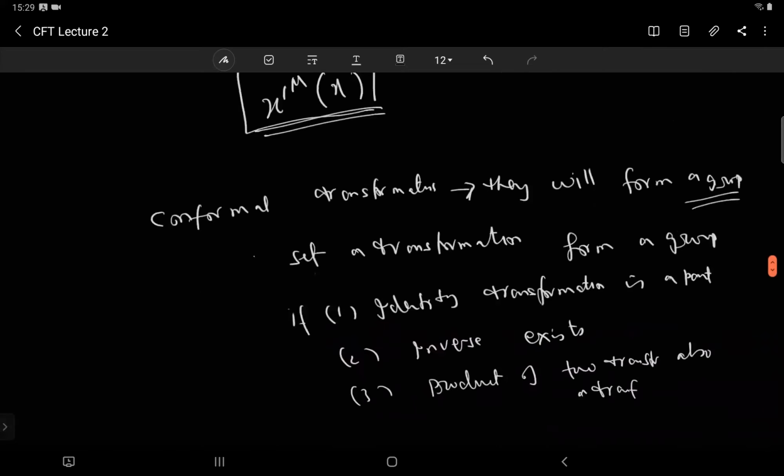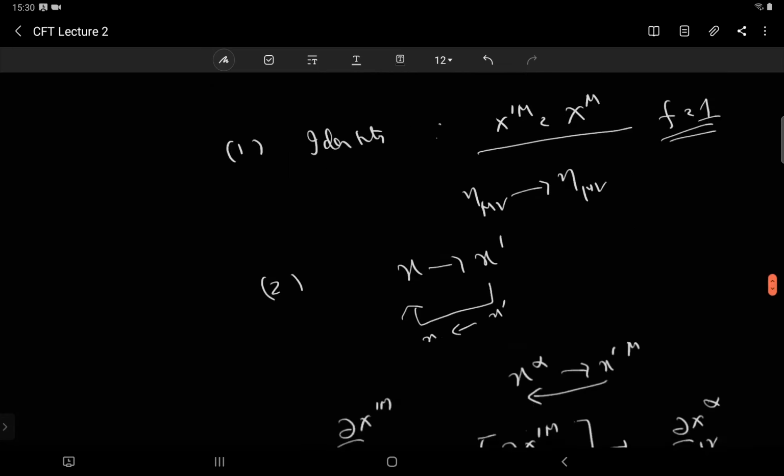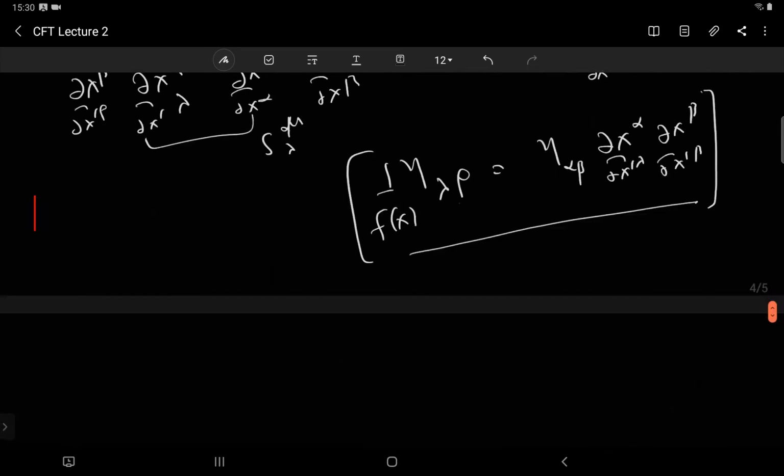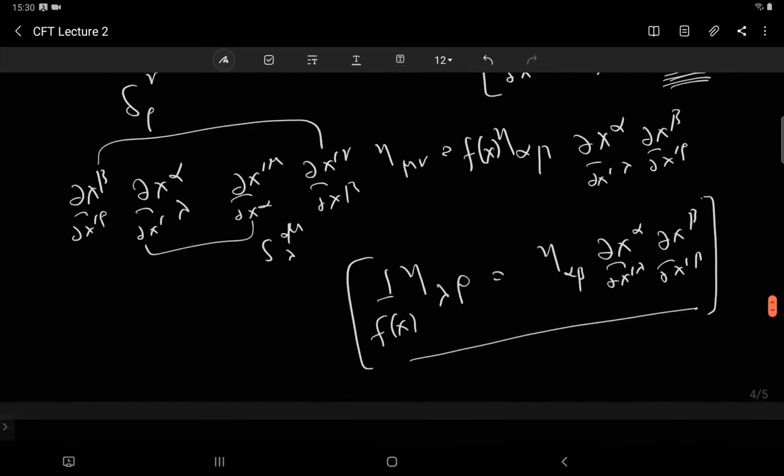What I'm saying is that if two events are space-like separated, and if you demand that under this transformation they will remain space-like separated, then you have to take f to be positive so that the sign does not change. But if you don't want that, then you can take f to be negative also. But this is a physical thing to demand, so we will demand it.